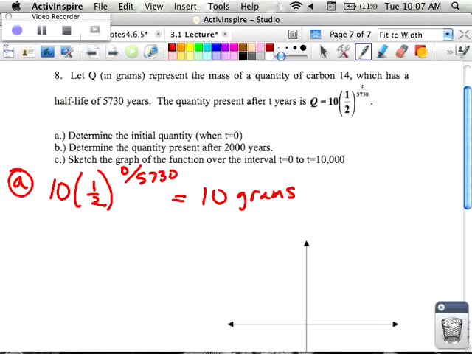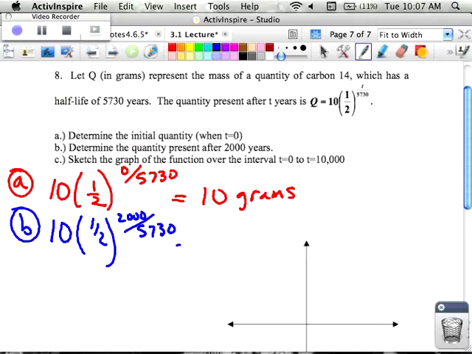B. In B, you want to find out what happens after 2,000 years. So, we go 10, 1/2 to the 2,000 divided by 5,730 to see what that equals. And I get roughly, I think, 7.85 grams.